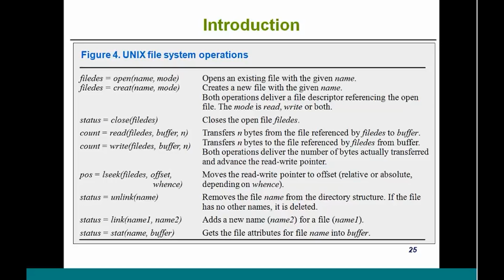So the count gives the number of bytes read. You can also do write filedes, buffer, followed by n. They both deliver the number of bytes actually transferred, and they also advance the read-write pointer to the next location.